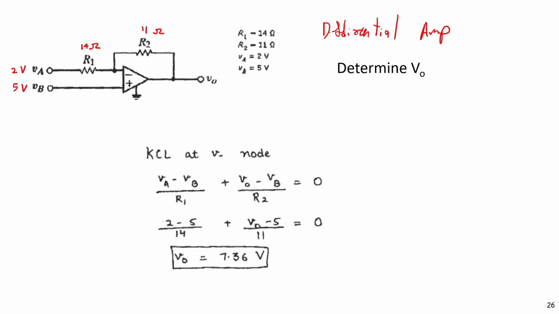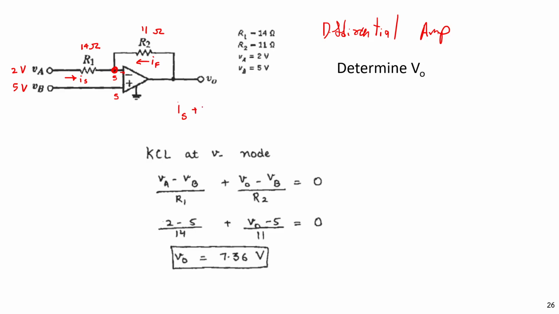Or you can take the KCL at this node. So if this is 5 volt, this pin is also 5 volt, right? This is the op-amp property. No current flows here, so IS and IF plus together is 0, right?